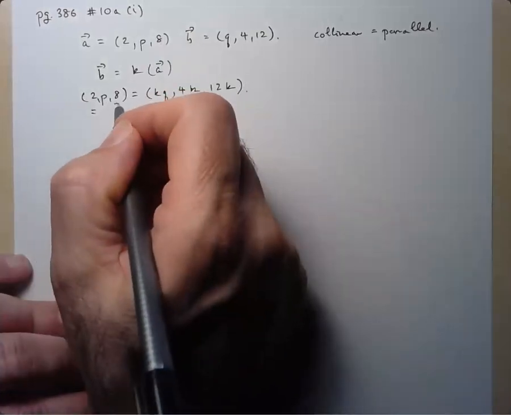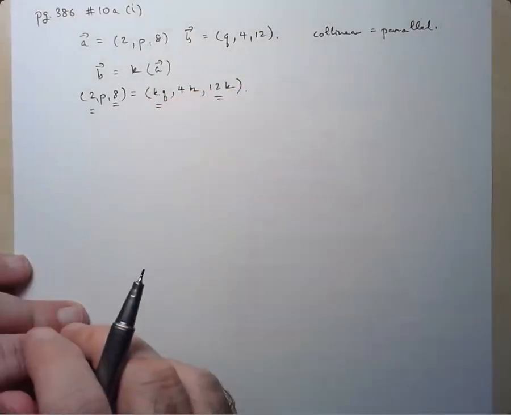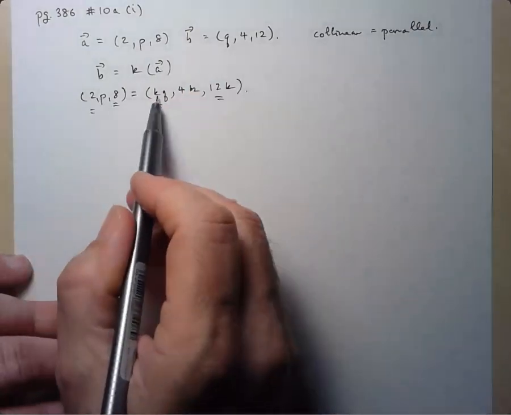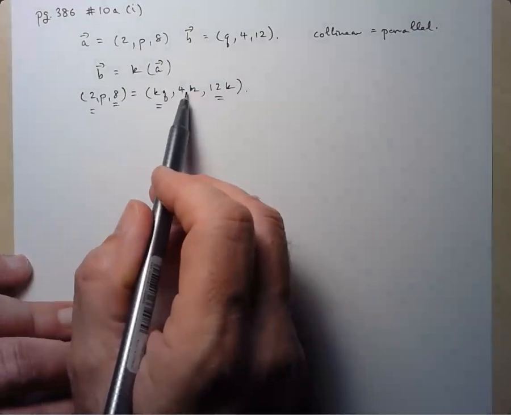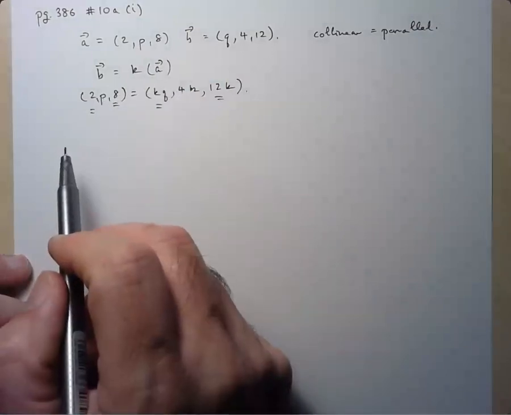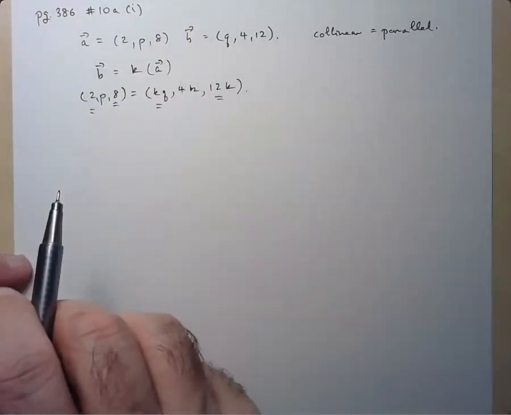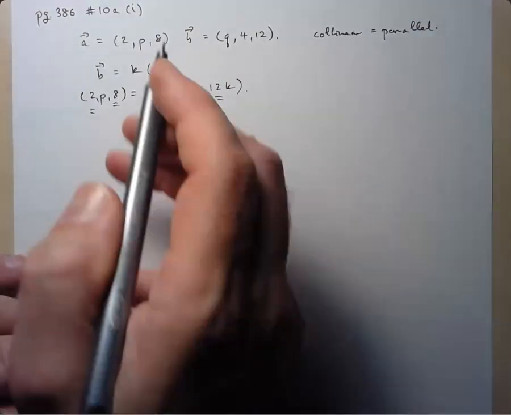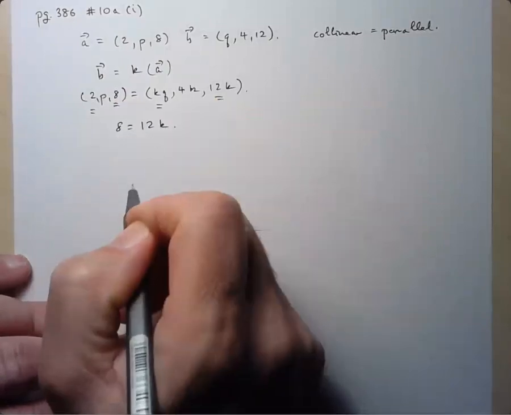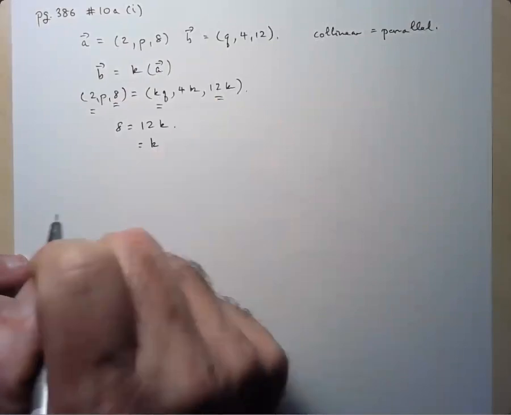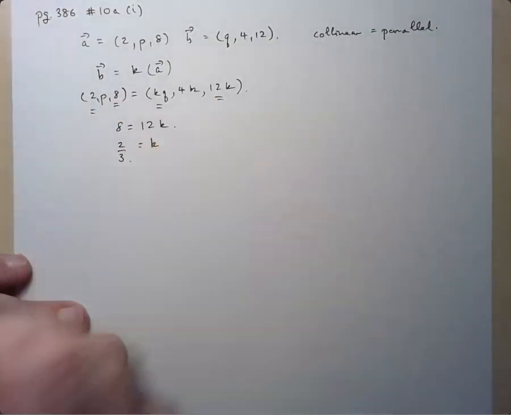Look at that. 8 needs to be equal to 12K. When I look at the X components, I see 2 variables. When I look at the Y components, I'm stuck with 2 variables. But when I look at the Z components, I'm only working with 1 variable. So 8 needs to be equal to 12K. And so K needs to be equal to 8 over 12, which is 2/3.